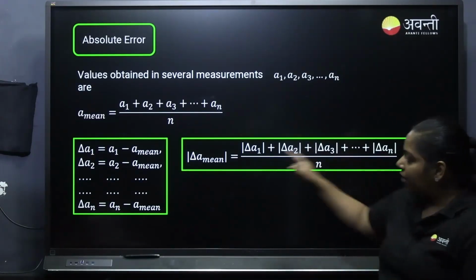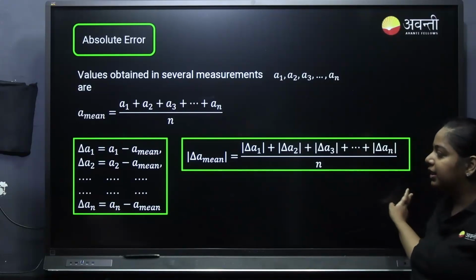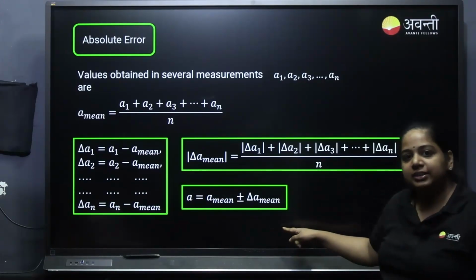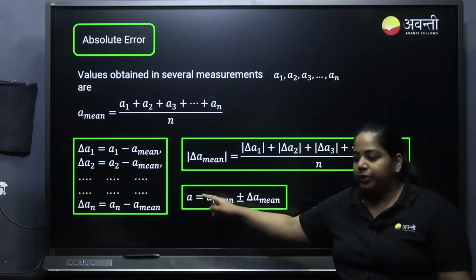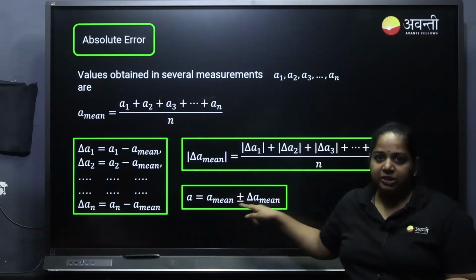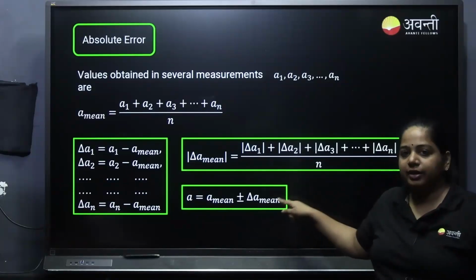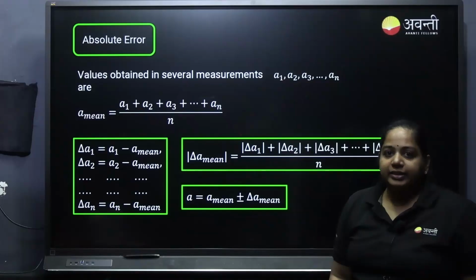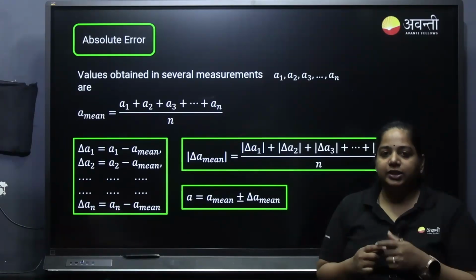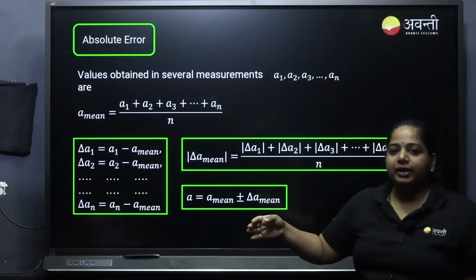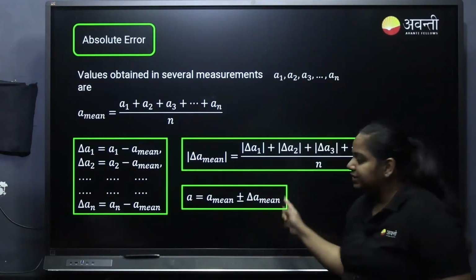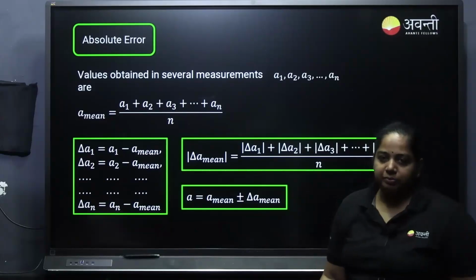After finding this absolute error, we will write our reading like this: A equal to A average plus or minus absolute error. You have seen things like voltage equal to 5 plus or minus 0.1 volt. That is the absolute error we have mentioned.